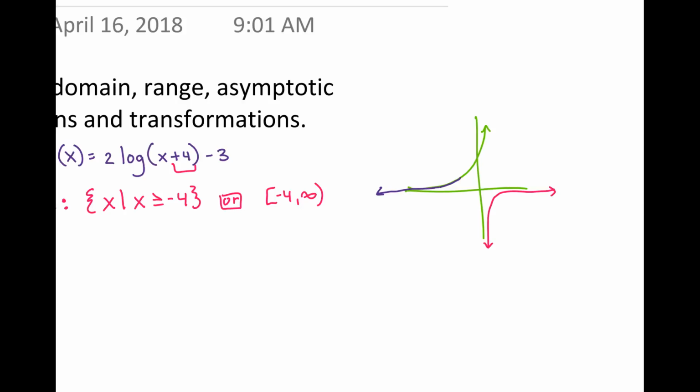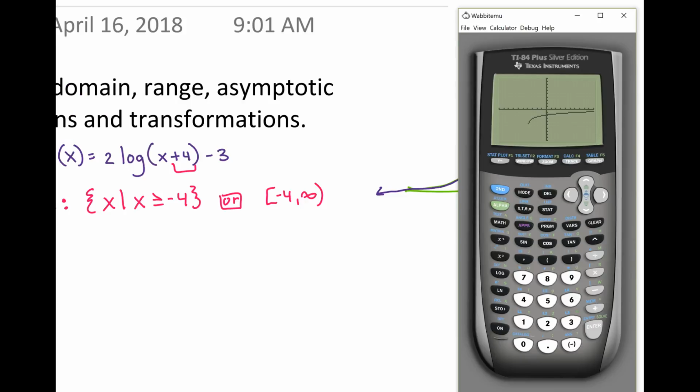When you put this in your y equals, it does not show this whole portion of the line, even though it's there. You just have to remember that even though on your graph it stops here, it actually continues downward forever.